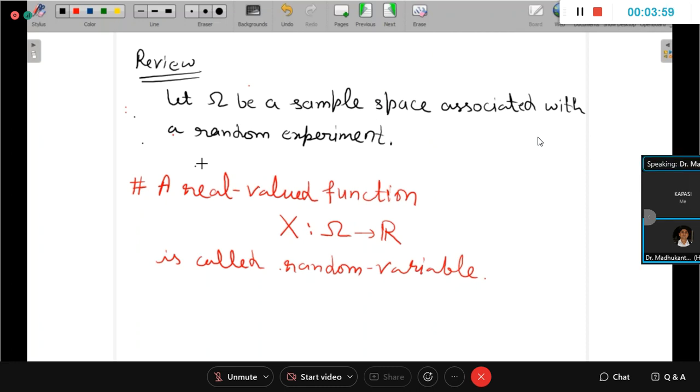so in the last lecture we defined a new concept called a random variable, which is associated with a random experiment and its sample space omega.